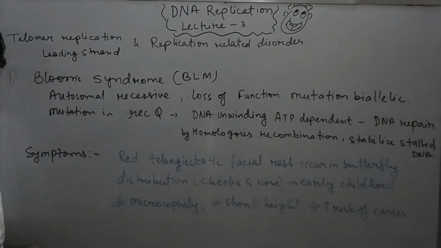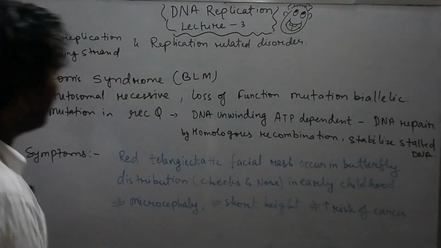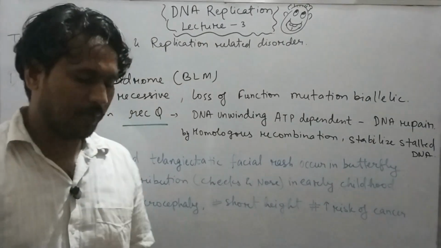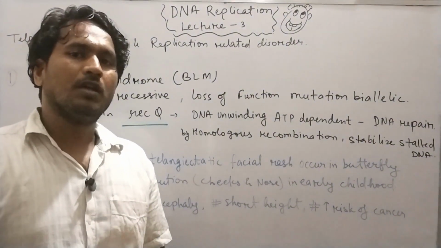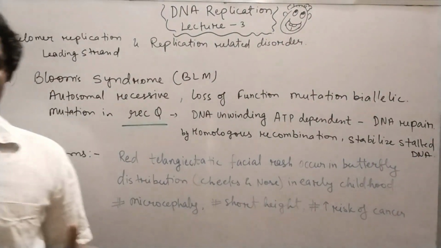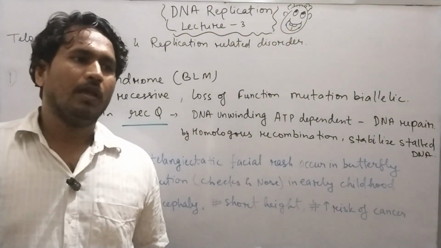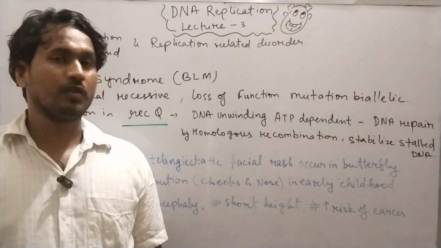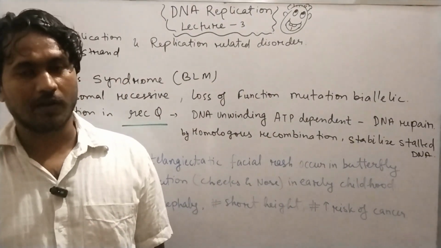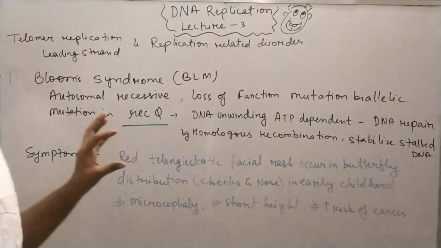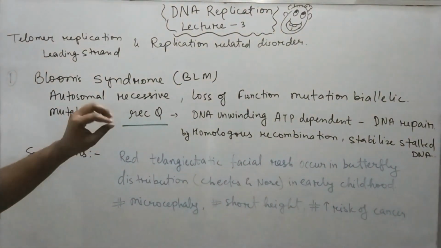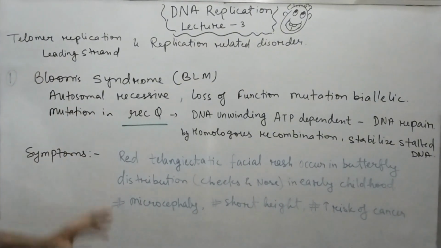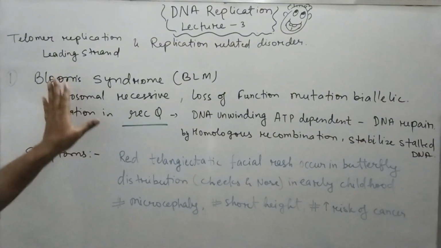Actually, it is because of the loss of this enzyme, RecQ, which is involved in ATP dependent unwinding of DNA during DNA repair. This DNA repair is done by homologous recombination, and it is also involved in DNA stabilization. So that is an essential enzyme for DNA repair. If this enzyme is mutated, you can see the following symptoms in Bloom syndrome.